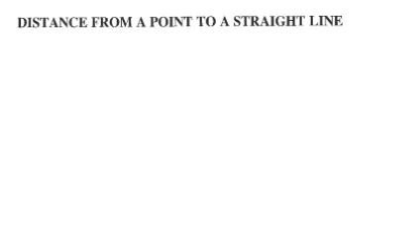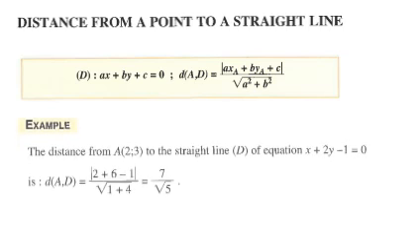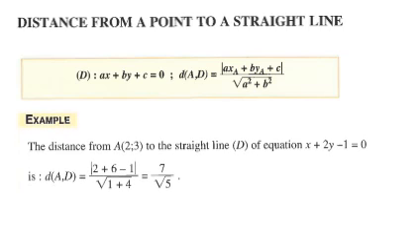The last thing we are going to talk about is the distance from a point to a straight line. Suppose you have a straight line and a point, and you need to find the distance between them. The distance is equal to the absolute value of a x_A plus b y_A plus c, over the square root of a squared plus b squared, where the point A has coordinates x_A and y_A, and a, b, c are the coefficients in the straight line D. A quick example: suppose you have the point A(2, 3) and a straight line x plus 2y minus 1 equals 0.